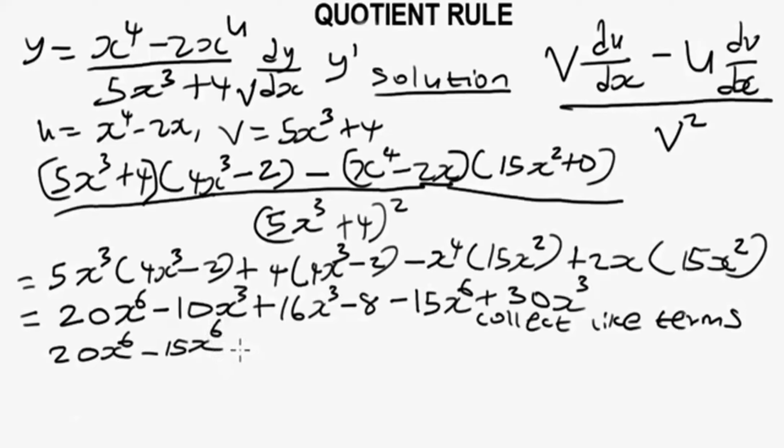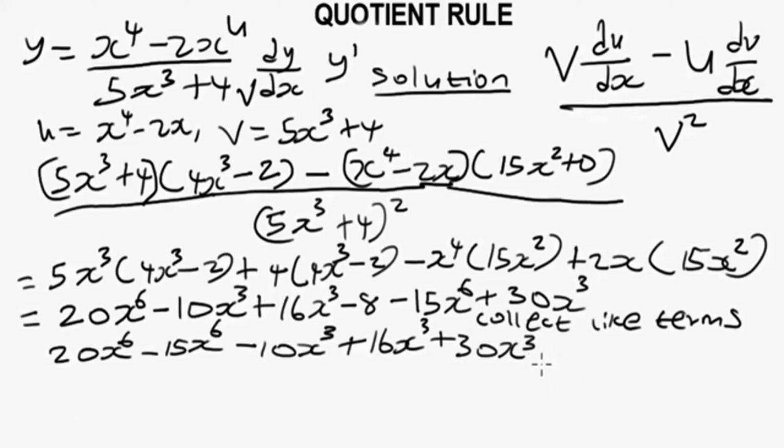Then which other one again? We have minus 10x^3. Which other term has power 3? Plus 16x^3. Which one has 3 as power again? We have plus 30x^3. Which other one?